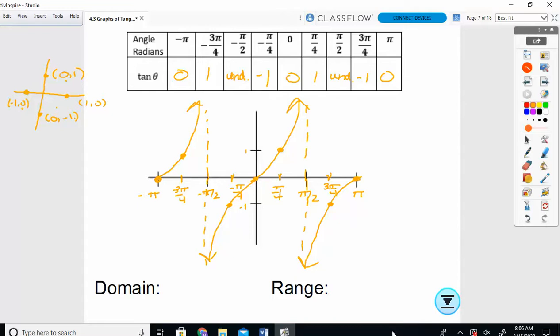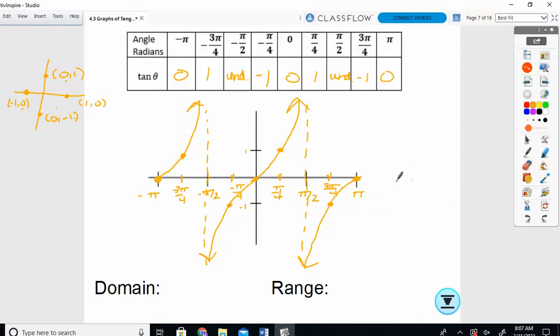How many periods did I graph right there? Normally that would be a length of 1 for a sine and cosine, but if I look, my tangent went up, down, and then didn't it just repeat itself? Yeah, this is actually 2 periods.